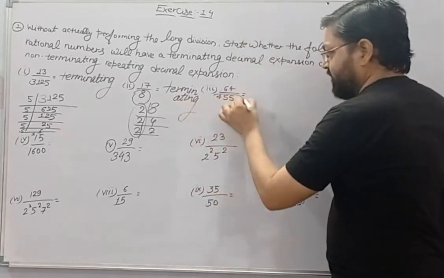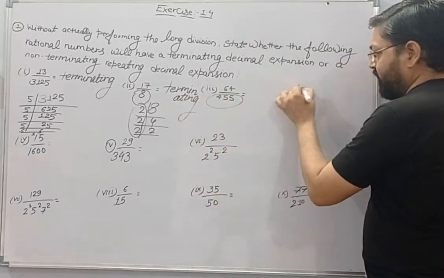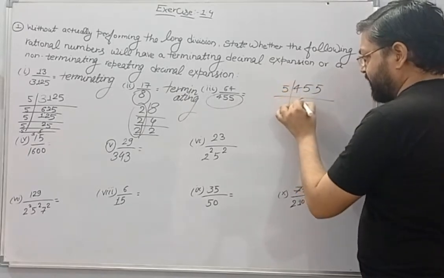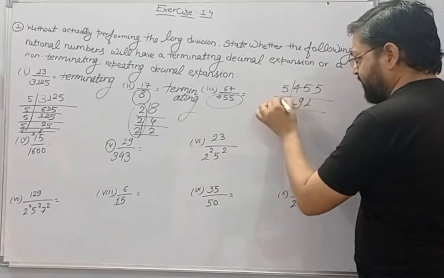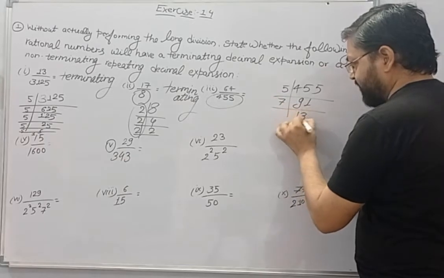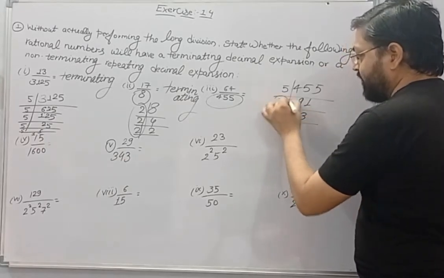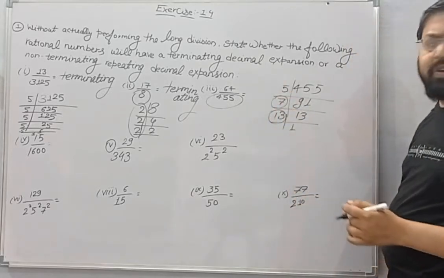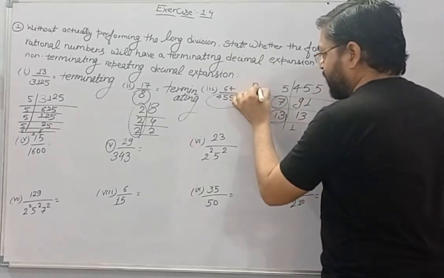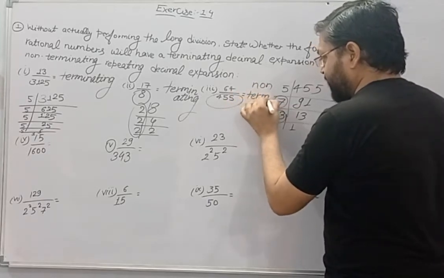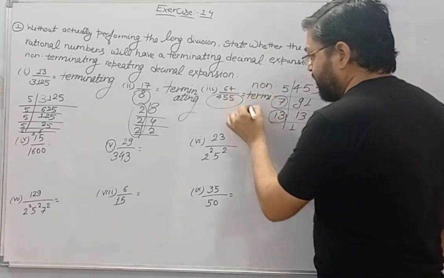Now come to this one, 91. This contains 7 and 13, other than 2 and 5. So this will show non-terminating.